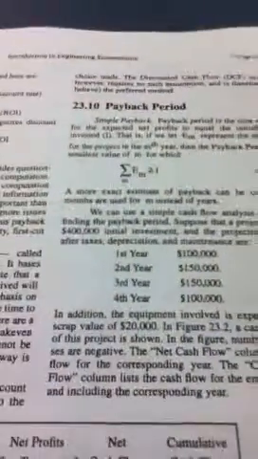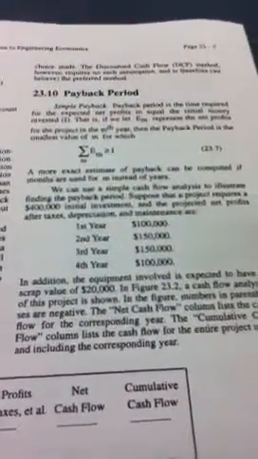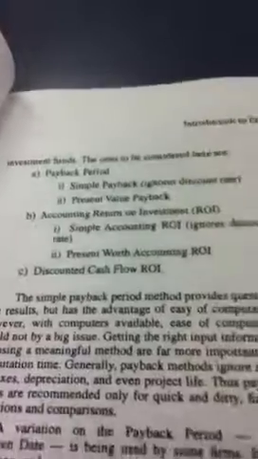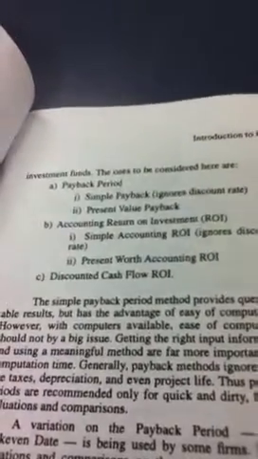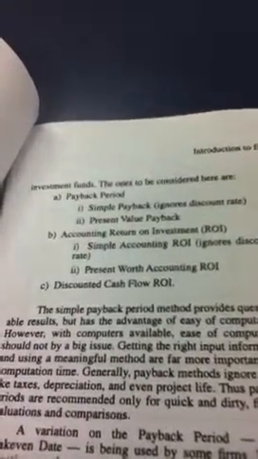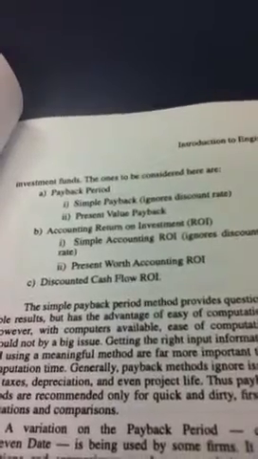On page 7, I want you to do these methods. The 3 methods are payback method, accounting method, discounted cash flow method. I want you guys to do these: simple payback, present value payback, and then the discounted cash flow.